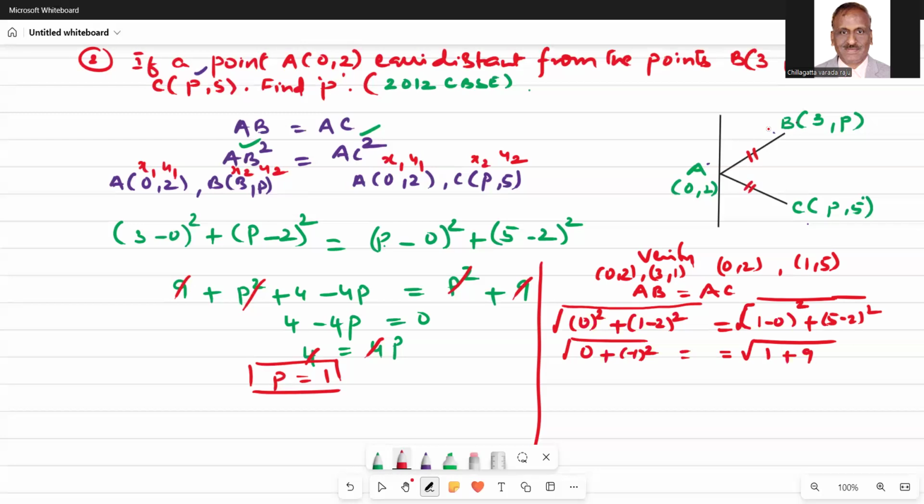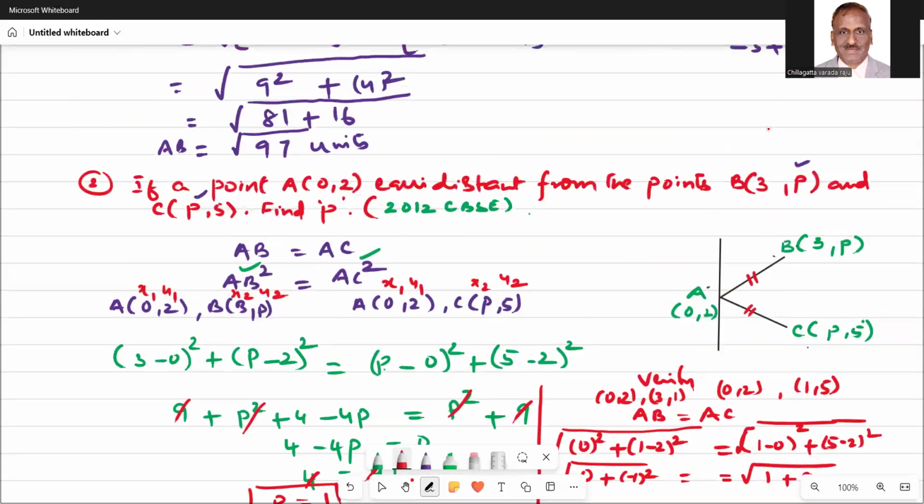Have we substituted correctly for the given values? A is equal to 0, 2 we have substituted, and B is equal to 3, P. That means 0, 2 and here 0, 2, P, 5.